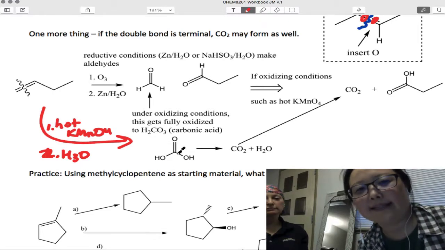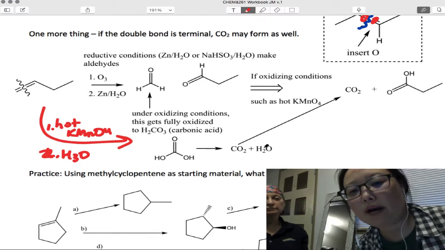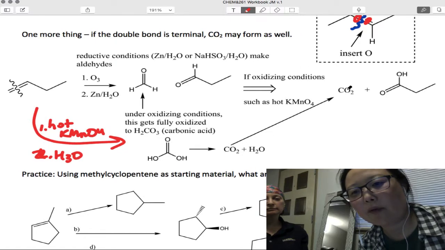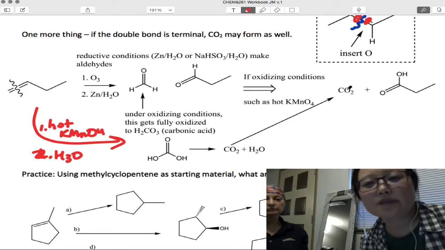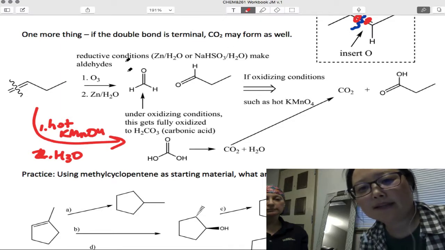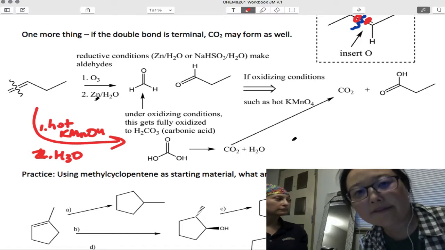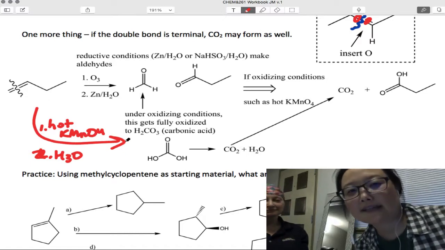Carbonic acid breaks down into CO2 and water. So instead of putting this molecule down, I put CO2 plus water, and water's in the solution already, so really I just put CO2. So this group got converted to CO2, and then I also have this group become a carboxylic acid if I have strongly oxidizing conditions.